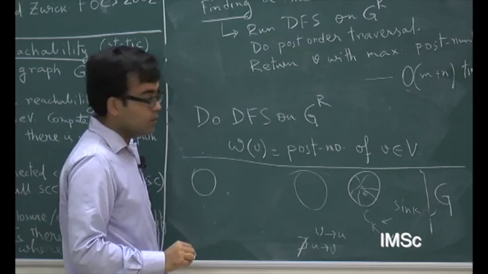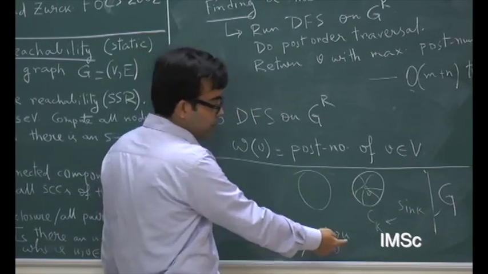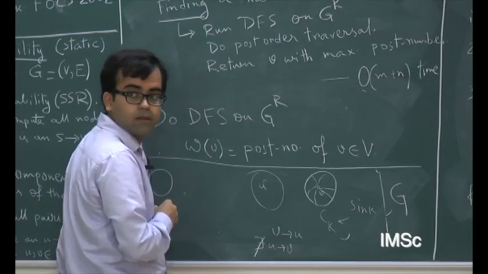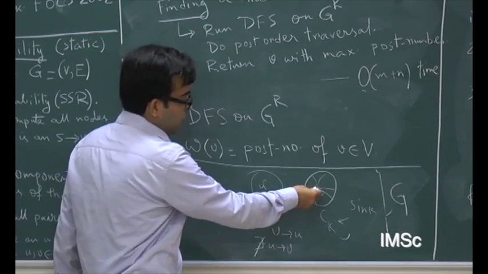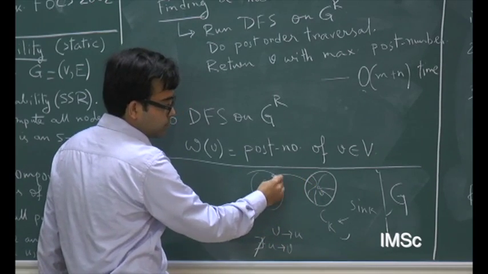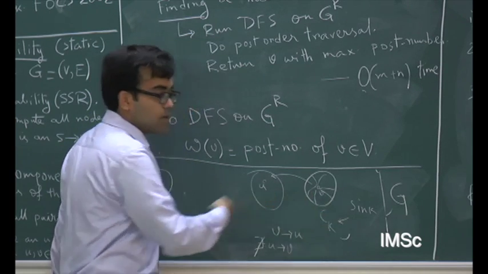They are different SCCs, because V is not in a sink SCC. Then where will this U belong? This U will be somewhere here, right? And how can there be a V to U path? There must be an edge crossing these two. Then CK is no longer a sink.